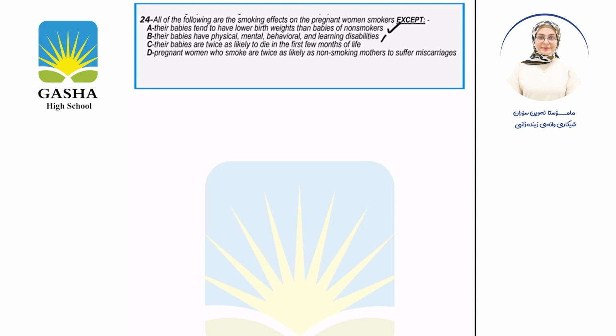This one, no, is not a property of women who smoke. C, their babies are twice as likely to die in the first few months of life. Yeah, they have that property too. D, pregnant women who smoke are twice as likely as non-smoking mothers to suffer miscarriage. Yes, this one also is true. So the most true answer for this question is B.